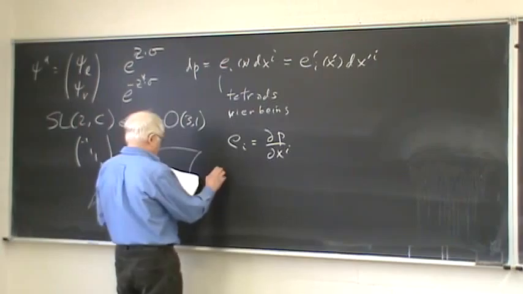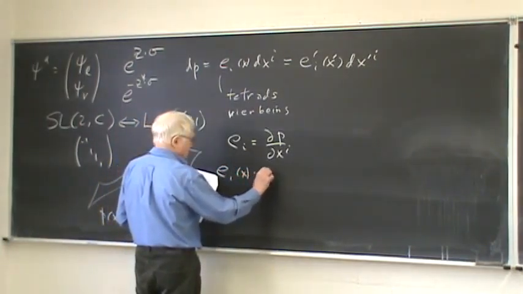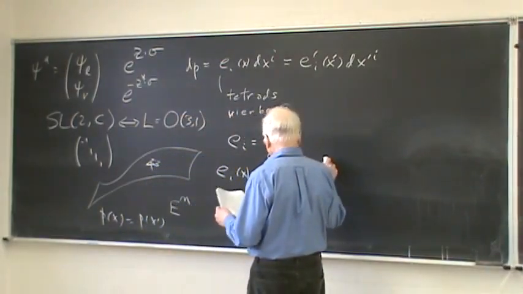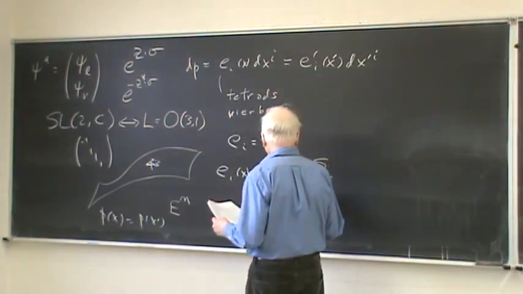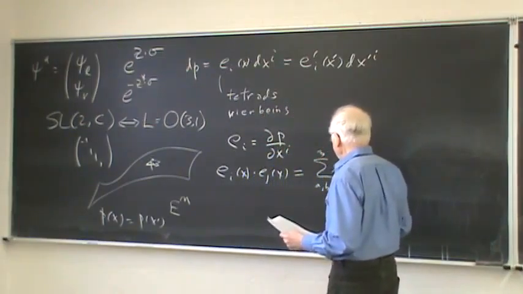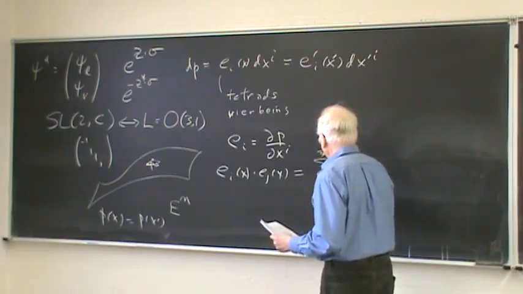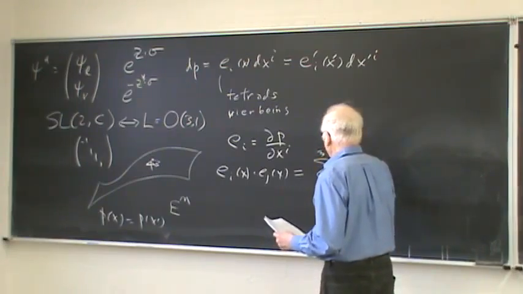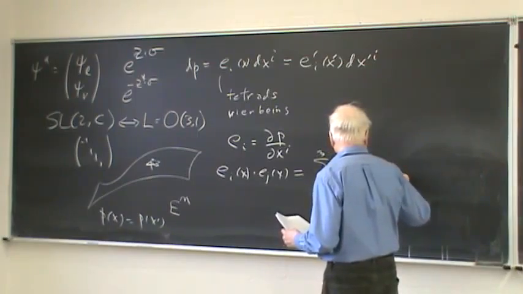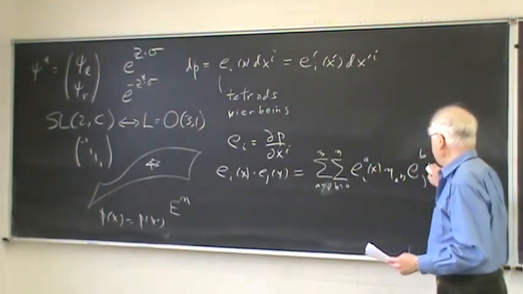And so what we're going to do is say e_i of x dot e_j of x, we're going to say that that is a sum. From one point of view, maybe I should be more elaborate, A is 0 to 3, B is 0 to 3, e_A^i(x) η_AB e_B^j(x).